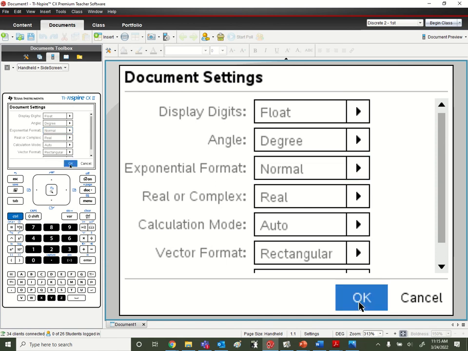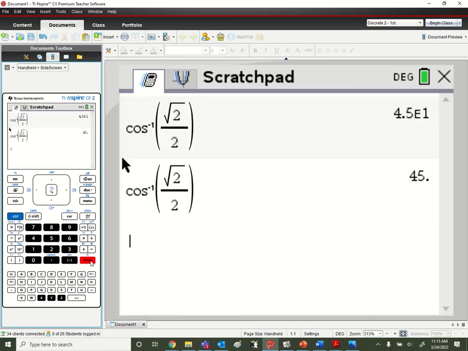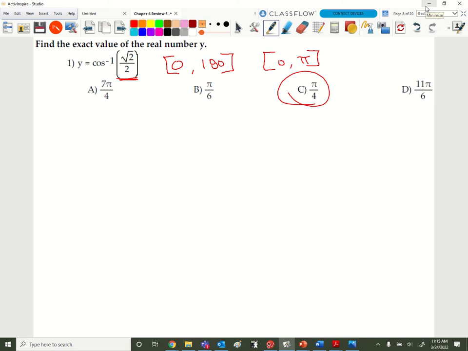I want normal. There we go. So it's 45 degrees. And if you look at my choices here, if I take 45 and multiply by pi over 180, so put in the calculator 45 over 180, and then slap pi on the end, this comes out to pi over 4, or 1 pi over 4.